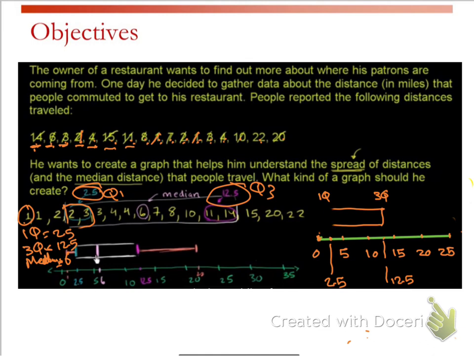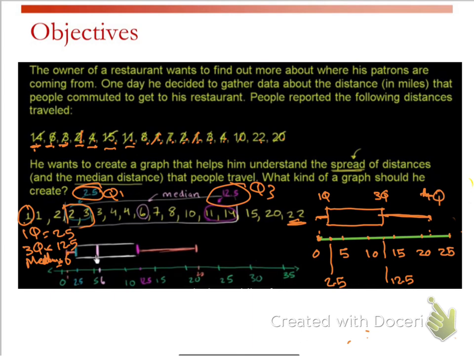And from the other side, I have to draw the whisker up to 22. So here 20, 22, almost up to here. So I have to draw the whisker up to here.